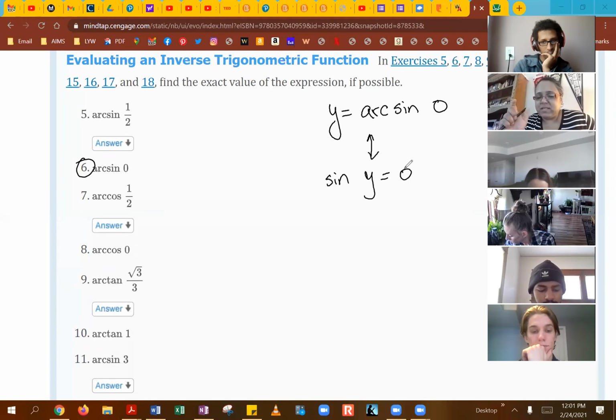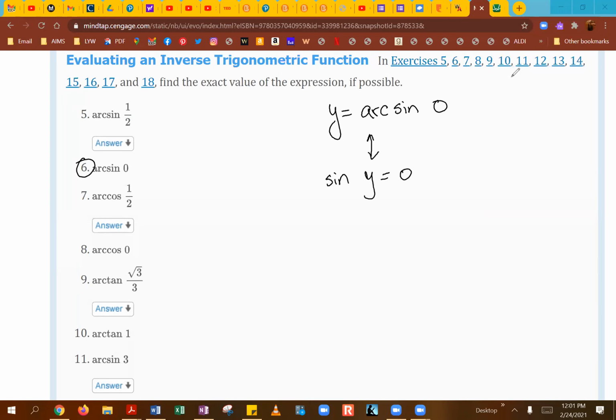And make sure you are staying within that domain and range. For the arc sine function, remember our domain is going to be between -1 and +1, and the range is going to be between -π/2 and +π/2.